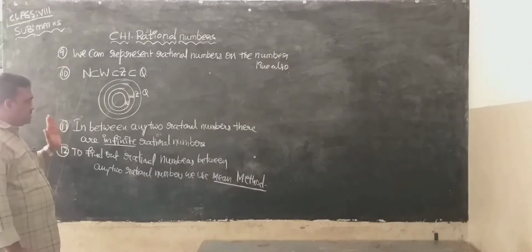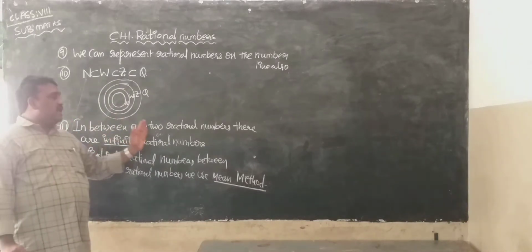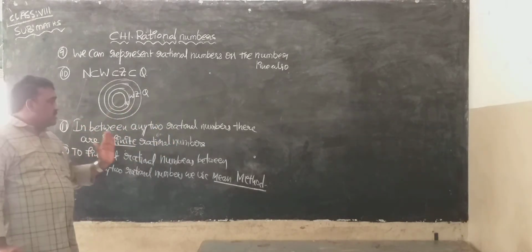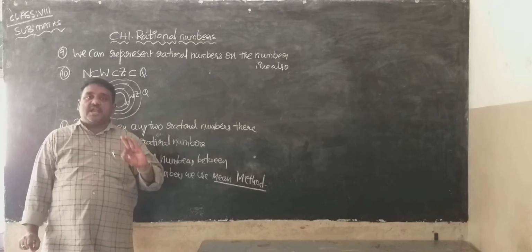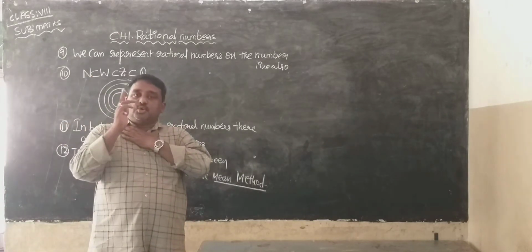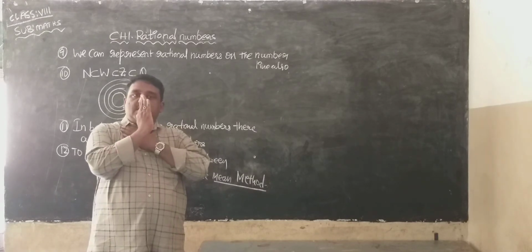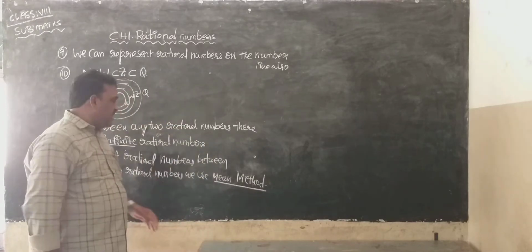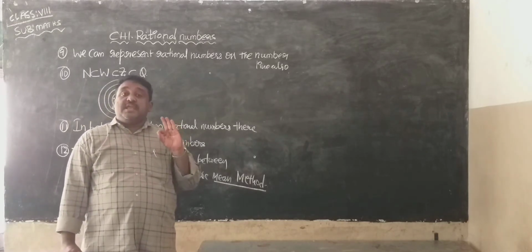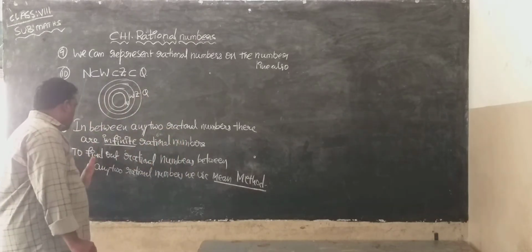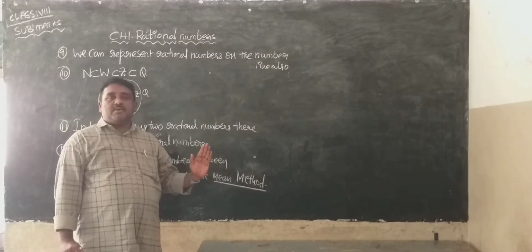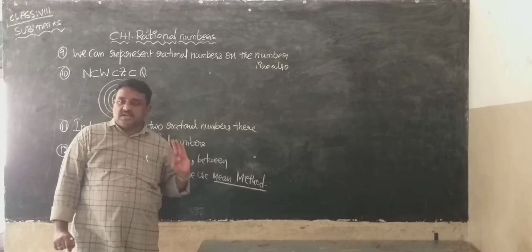Okay? Suppose in between any two rational numbers, how many rational numbers are there? Infinite, uncountable. Suppose I want to find two rational numbers between any two rational numbers, there we use the mean method.